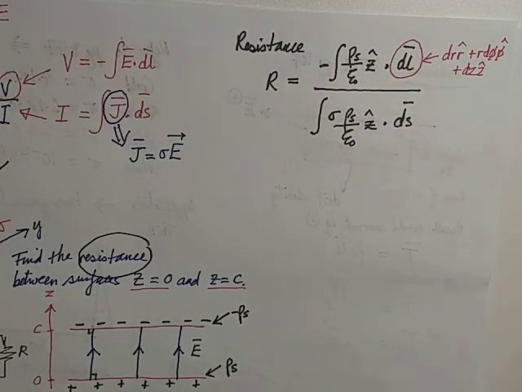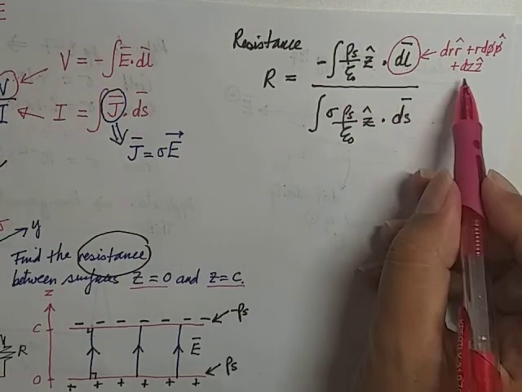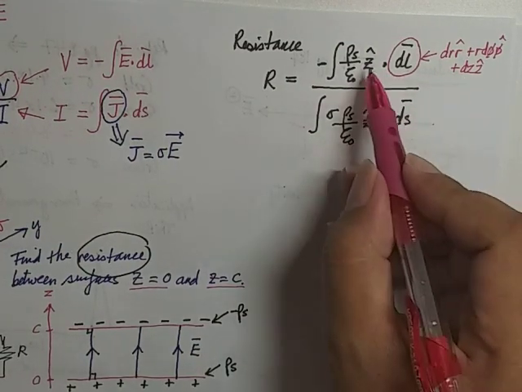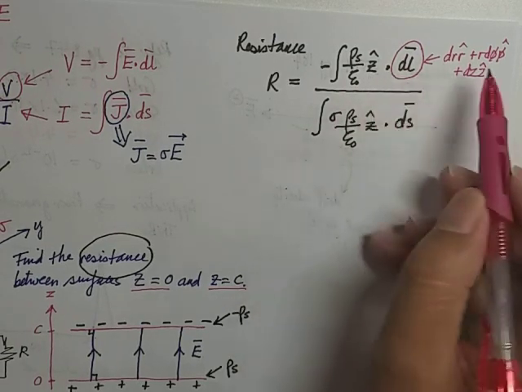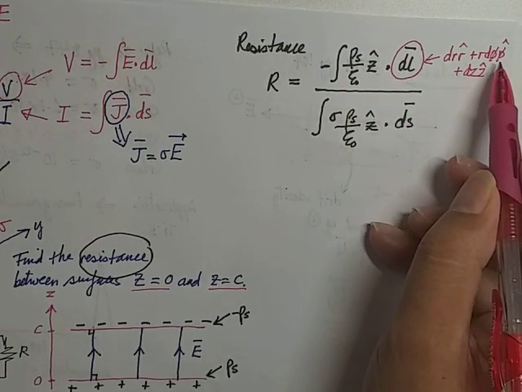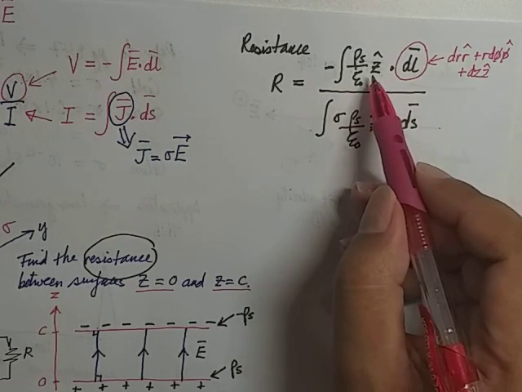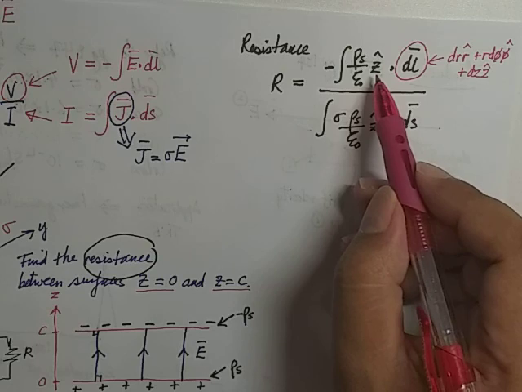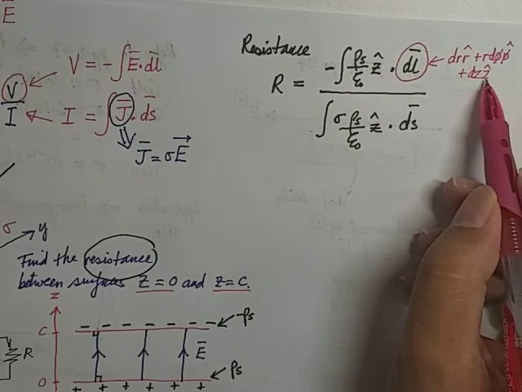And when we do the dot product, you can see logically the final result will be only the dz. Why? Because z dot r gives us 0, the z direction dot phi direction also gives us 0, and the only result that exists at the end of the dot product is the z direction dotted with the z direction, which is 1.